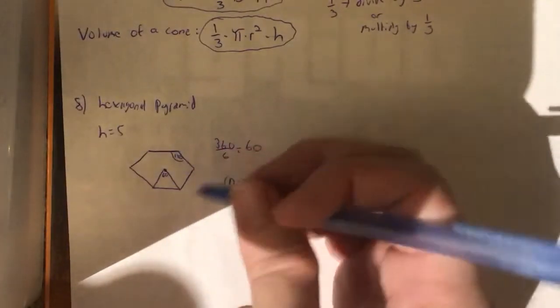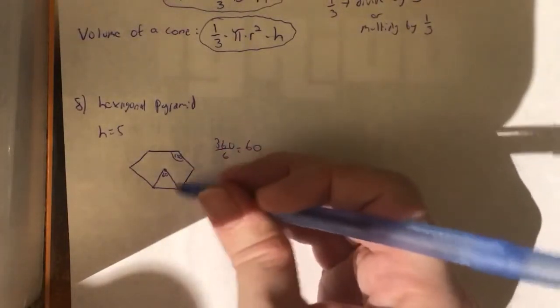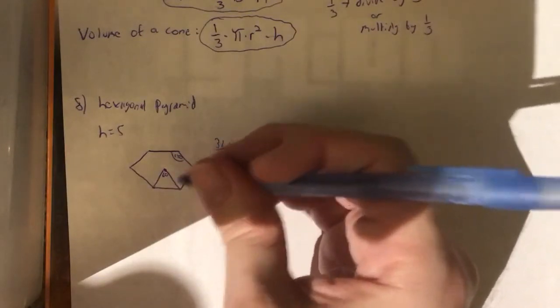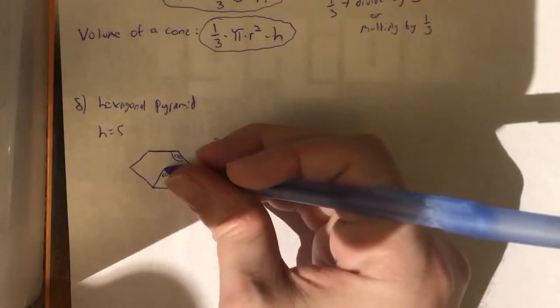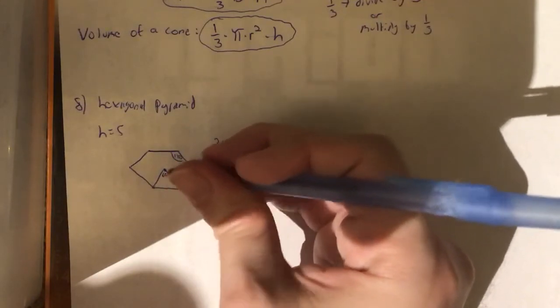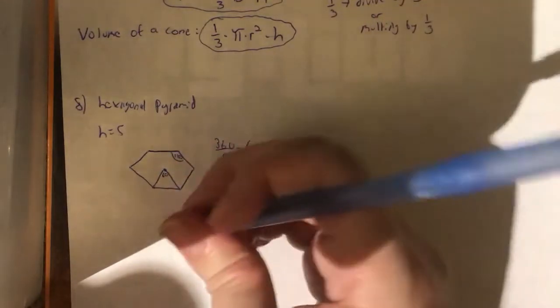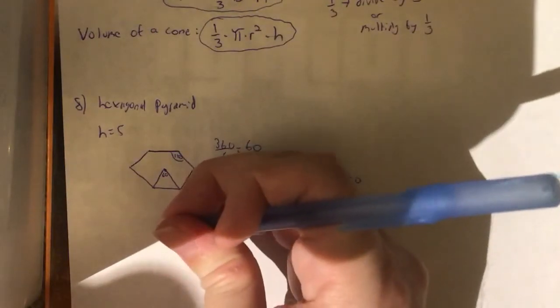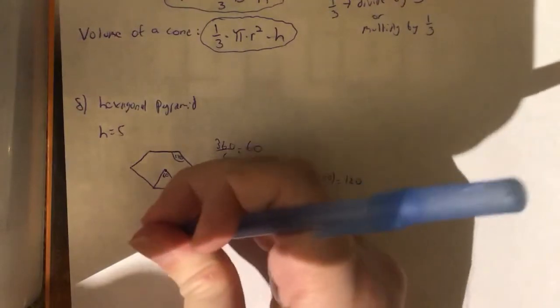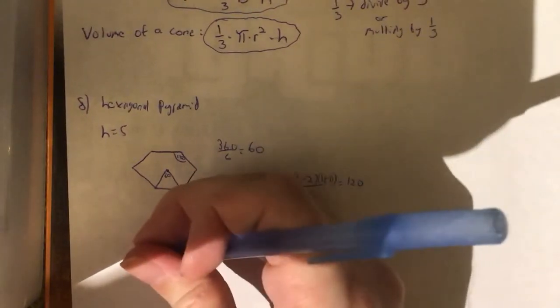So if I draw a triangle like this, I can now use this to figure out what the height is from the center straight down. So I'm going to redraw this. Now another hexagon to show you what it looks like.